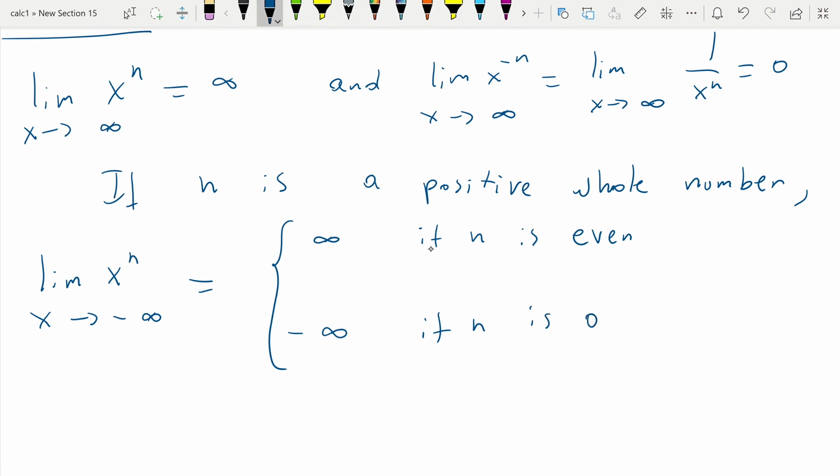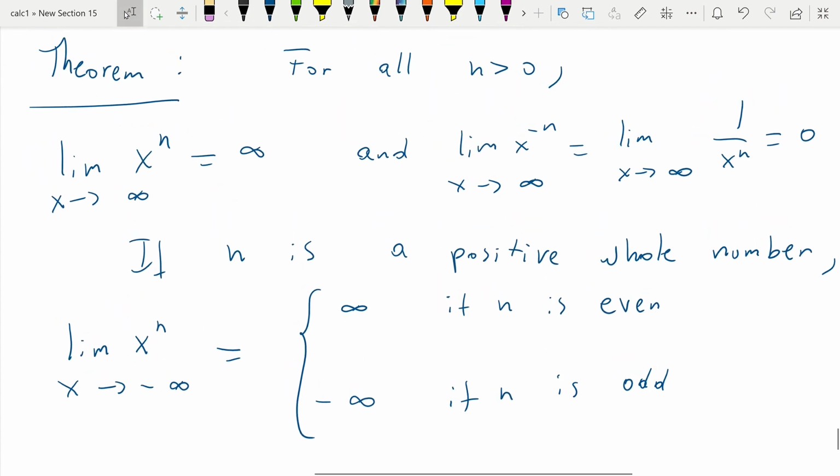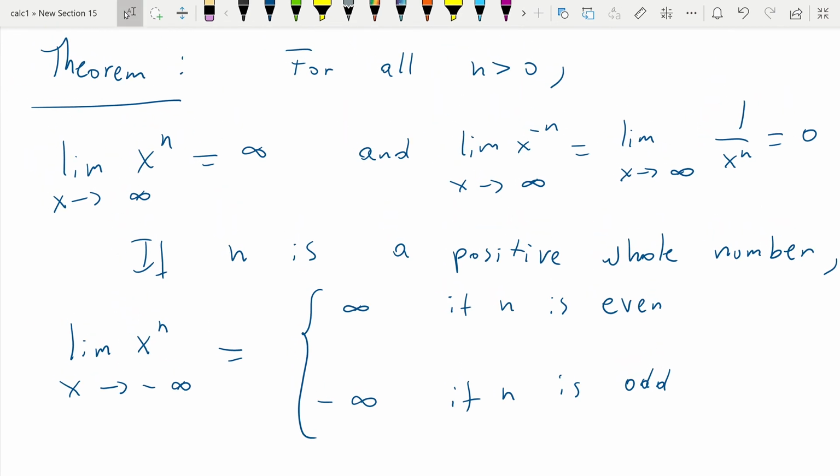So in this way, we have a very clear picture. When x goes to infinity, x to the n goes to infinity, and x to the minus n goes to 0. When x goes to minus infinity, however, we need to consider a positive whole number.